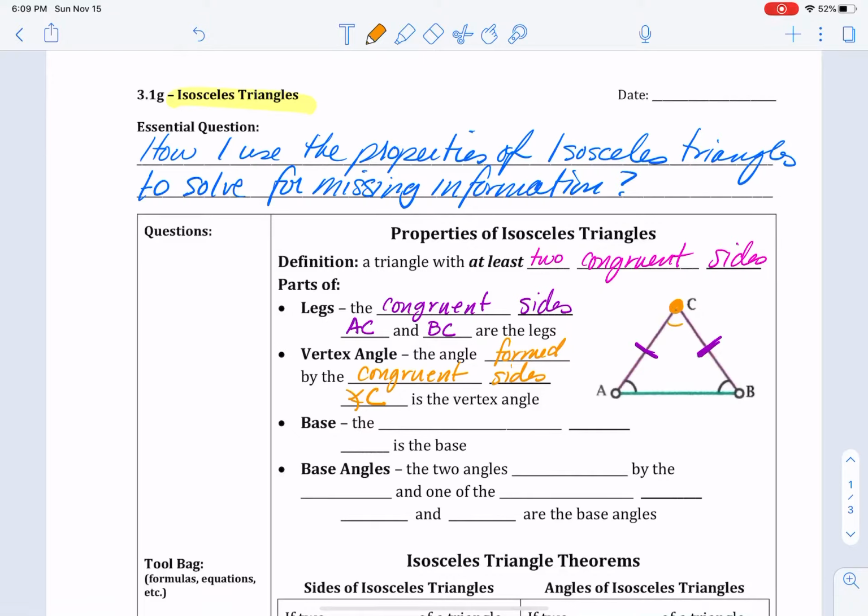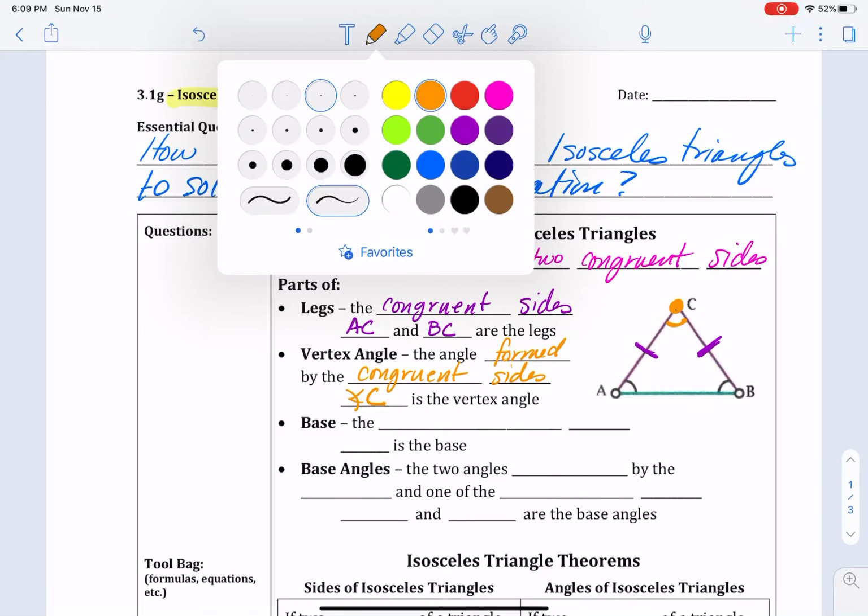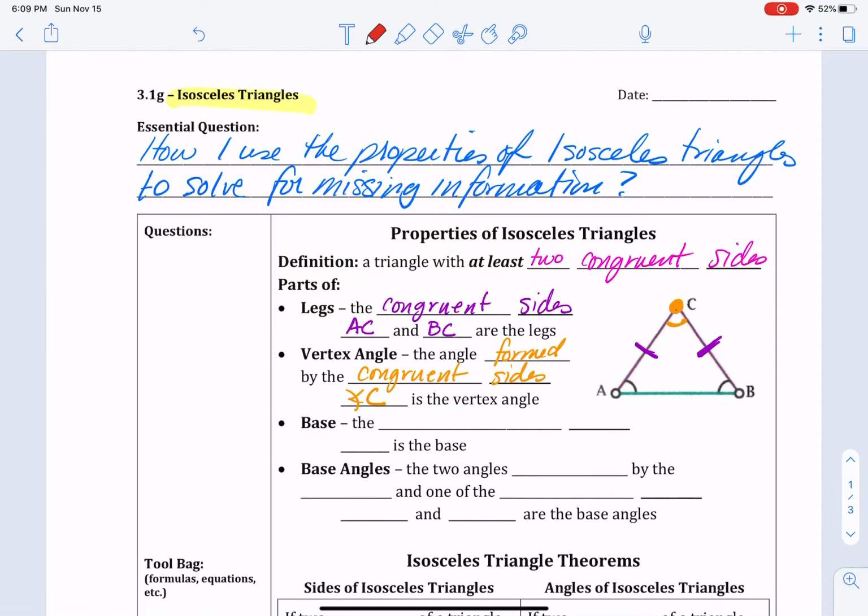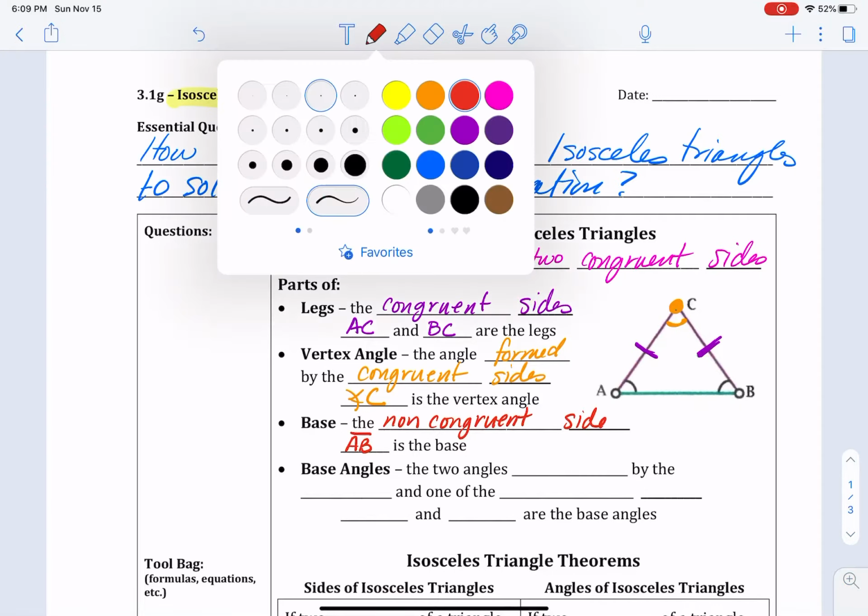It's the one that is between the two congruent sides. The base is the non-congruent side. In our example, AB is the base.